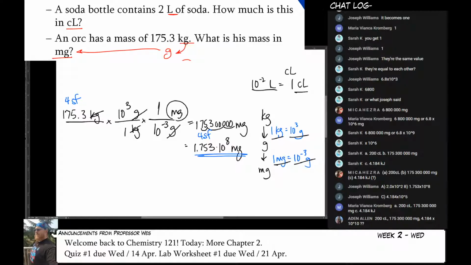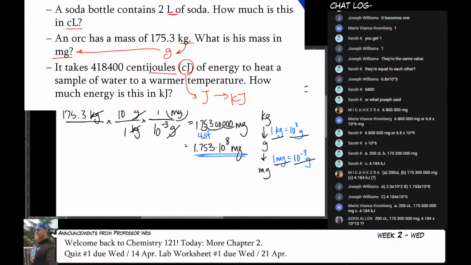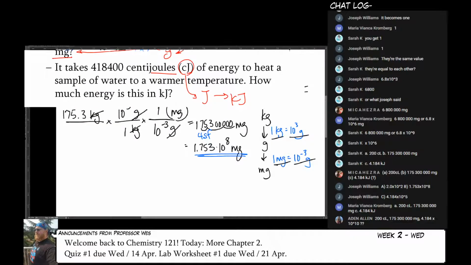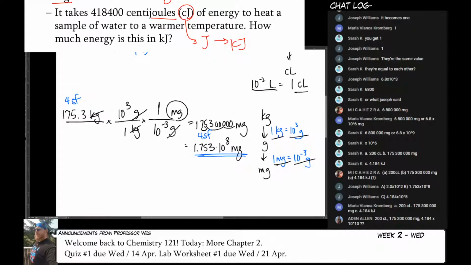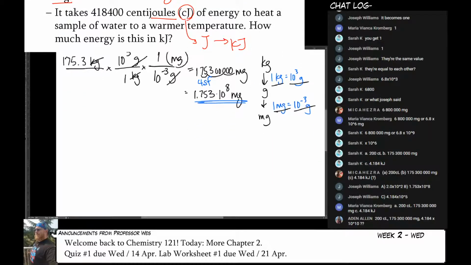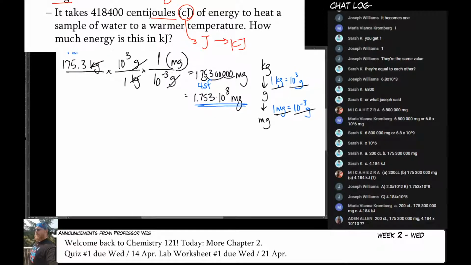All right, let's do the last problem, and then we'll take a break here. All right, I've given you this weird unit for heat. All right, so we've got centijoule, which we need to turn into a joule, which we then need to turn into a kilojoule.